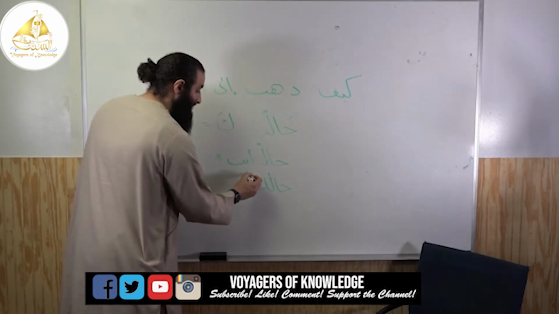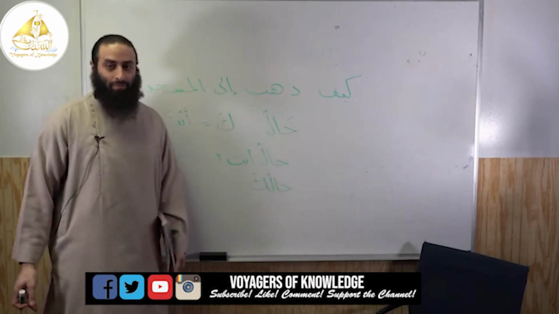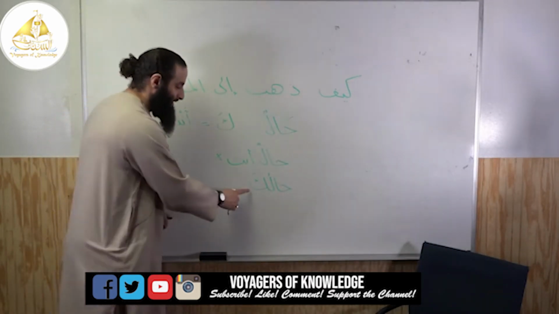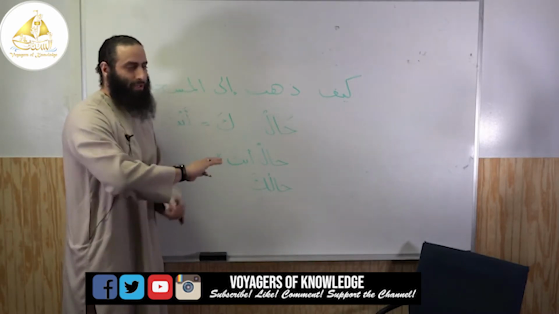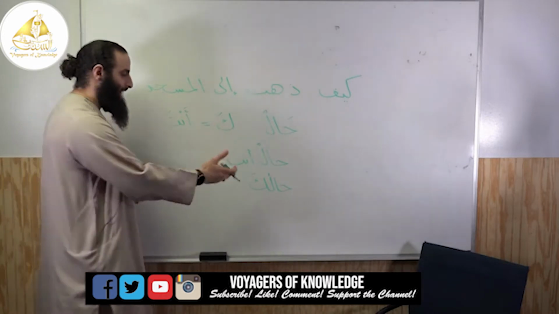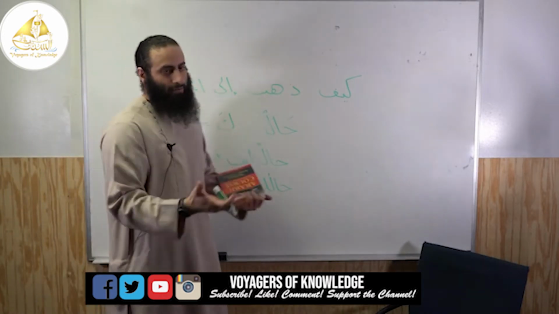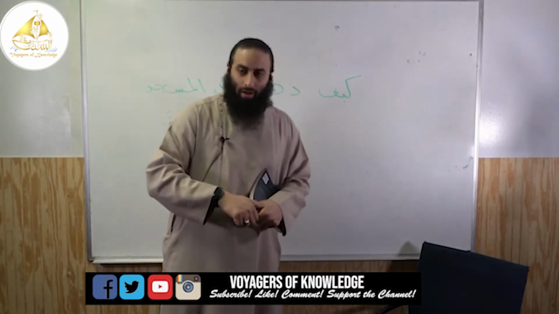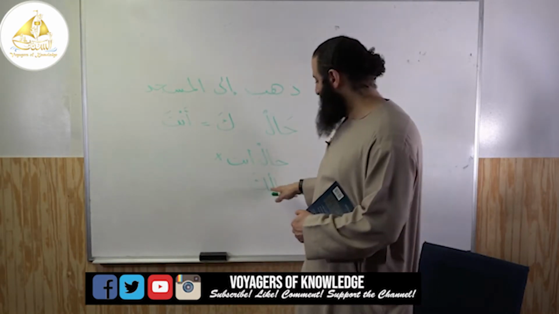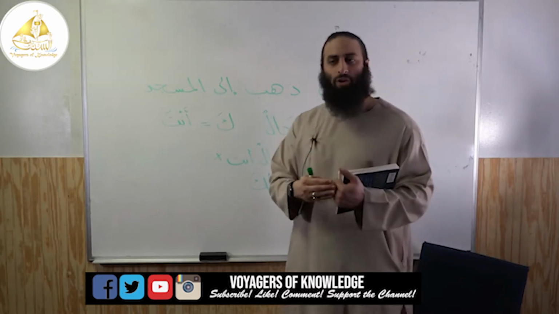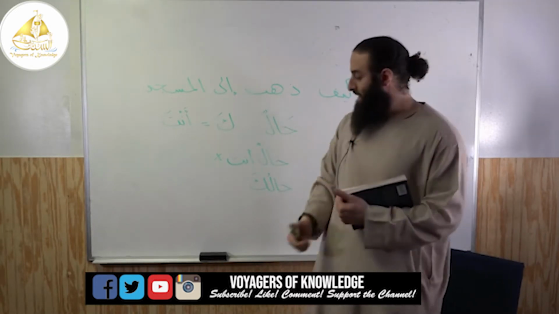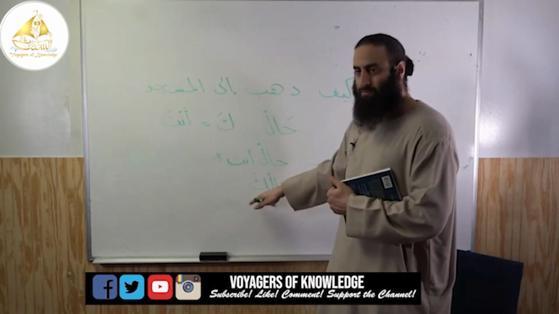They can't change because if they did change, they'll change the meaning. So they have to stay like that. But we will still say this is majroor, but it's mabni, so it will not show. Make sense? Haluki. Haluka. Right? Any questions to how we add things like that? That's pretty straightforward: you take a noun and then to say your, attach it to that noun, you just make it like this.